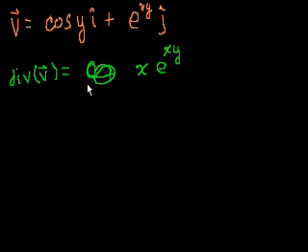And one thing to immediately realize, even before we work on the intuition, is when we did gradient, I gave you a scalar field, and you got a vector field. When you take the divergence of something, you're going in the opposite direction in some ways. You start with a vector field, right?